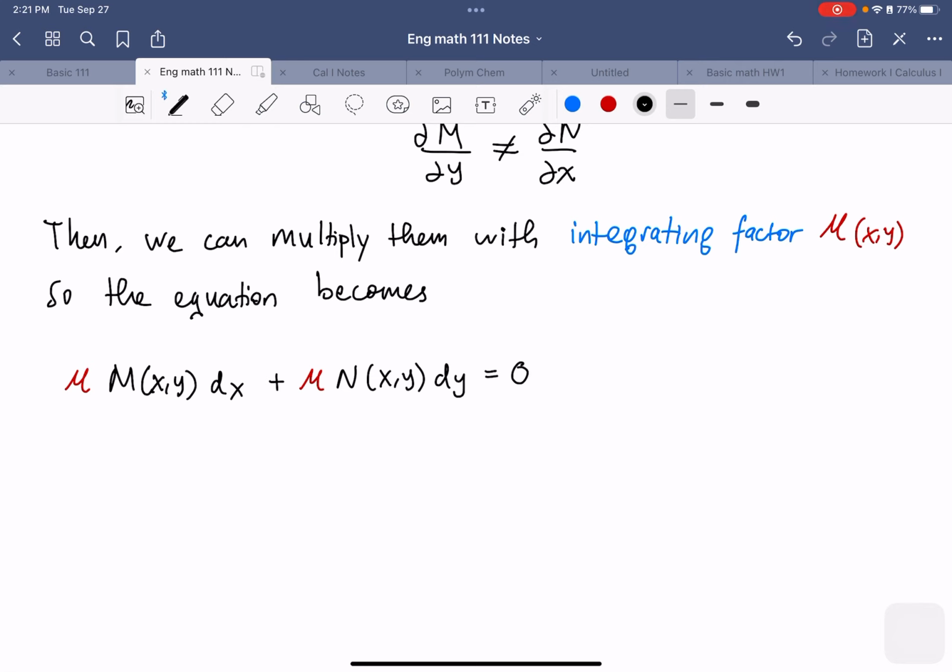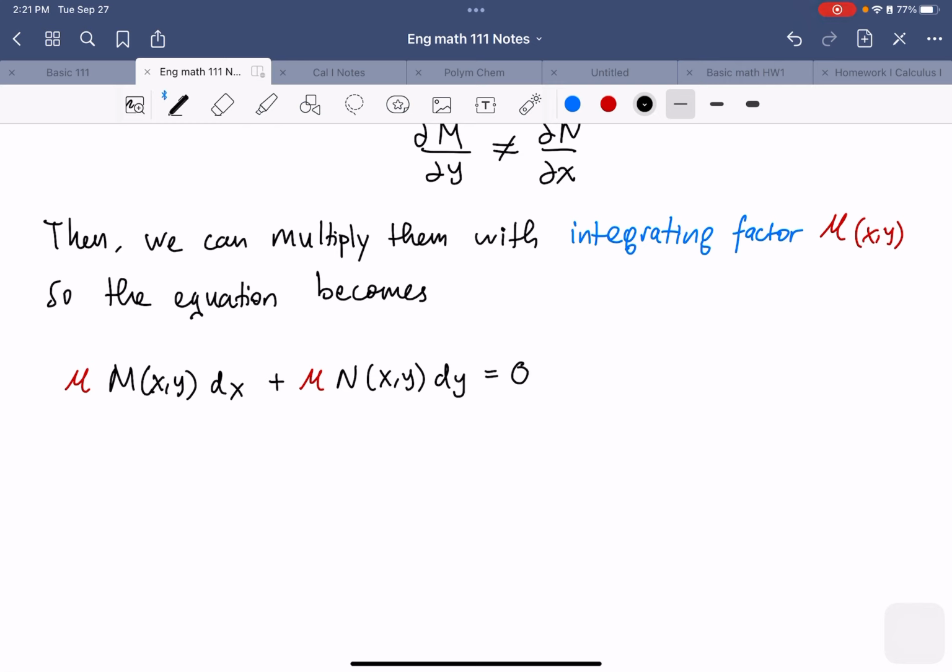So when we multiply, then we need another criterion, right? We need to confirm that this new equation is exact. So we are doing the same thing as before. Check the exactness, right? We need to make sure of this criterion.